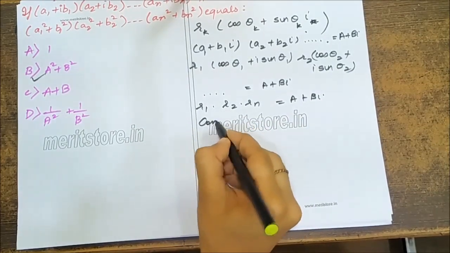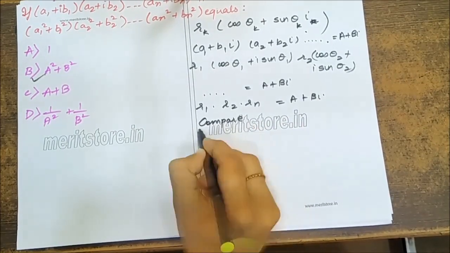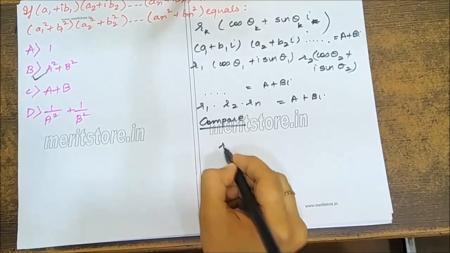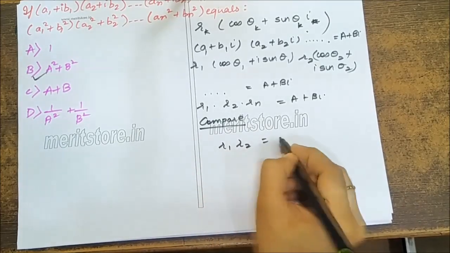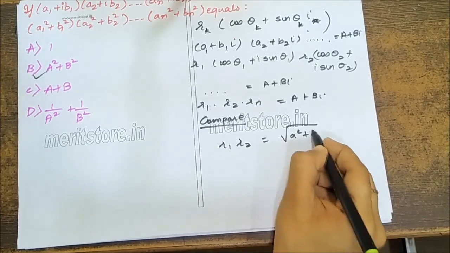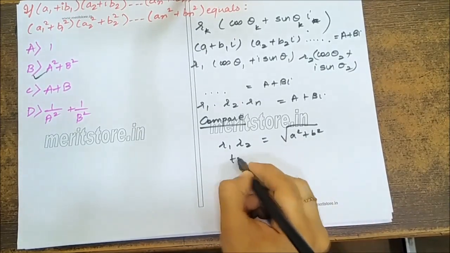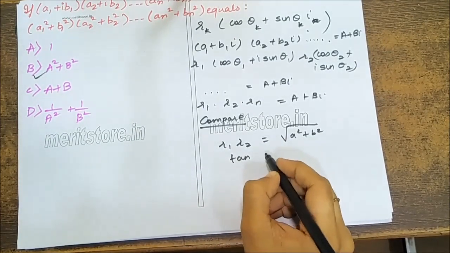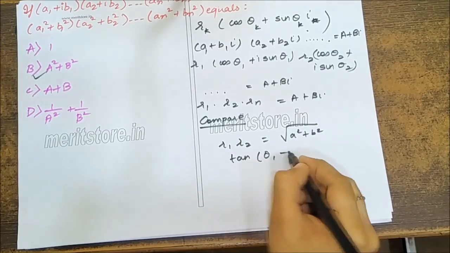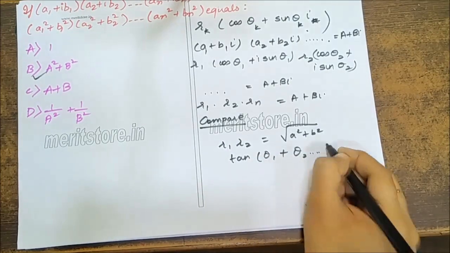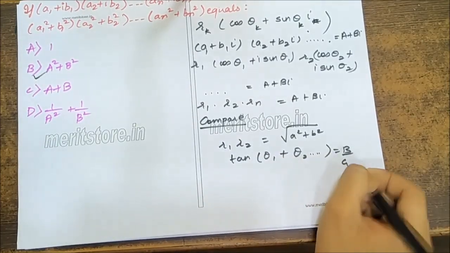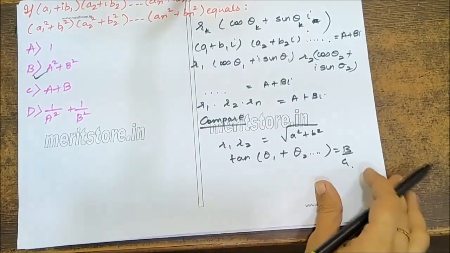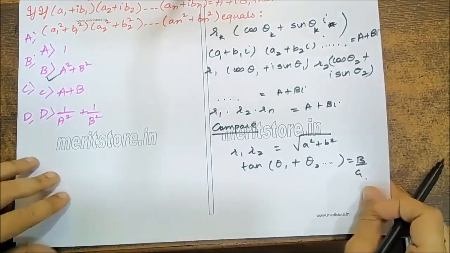So when I compare, what I get is r1 squared r2 squared and so on is a squared plus b squared, and tan of the angles will be b upon a. So you get a squared plus b squared. Answer is B.